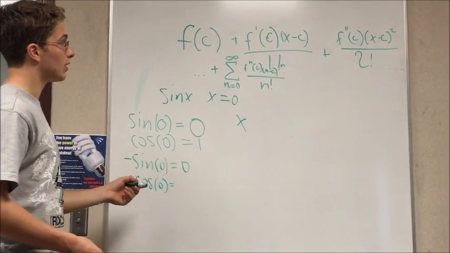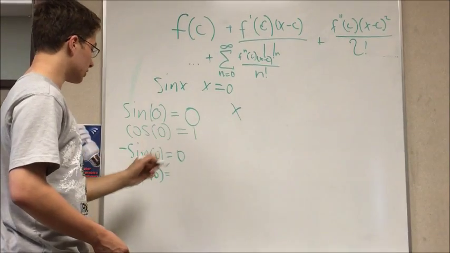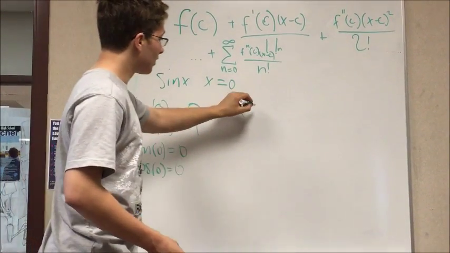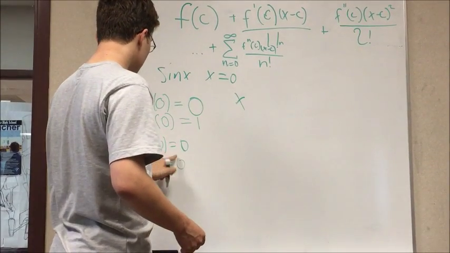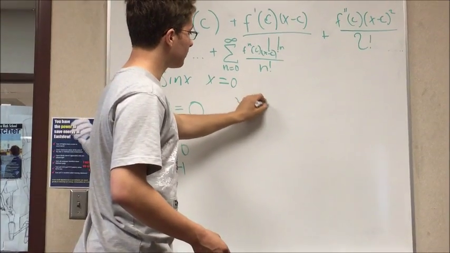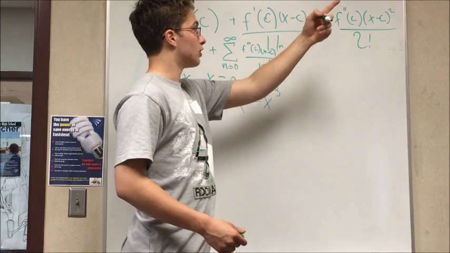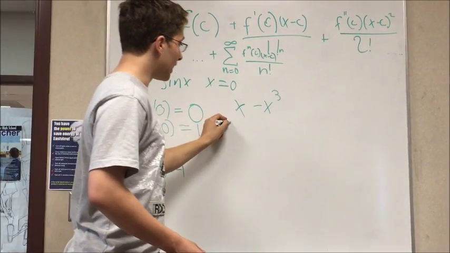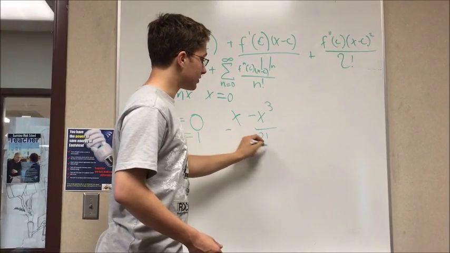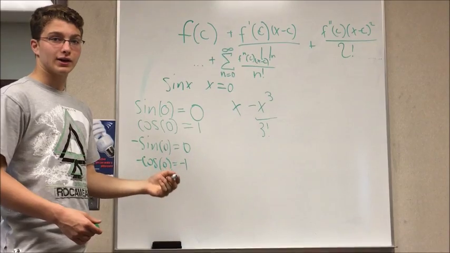Except for now, instead of going right to that third term, we go to the fourth term, which would be a negative 1 here, making it a negative x cubed. C still being 0, all that's left is x to the third in the next term in the series. But that is over 3 factorial, or 6. There you have the third degree polynomial of a sine of x function.